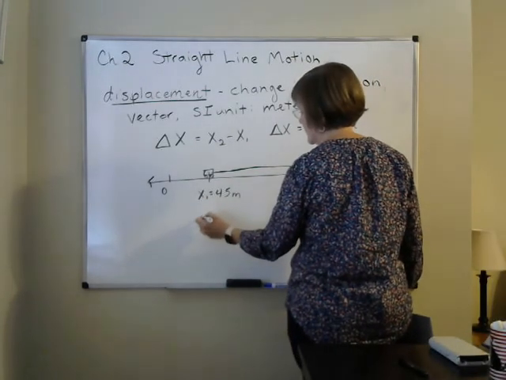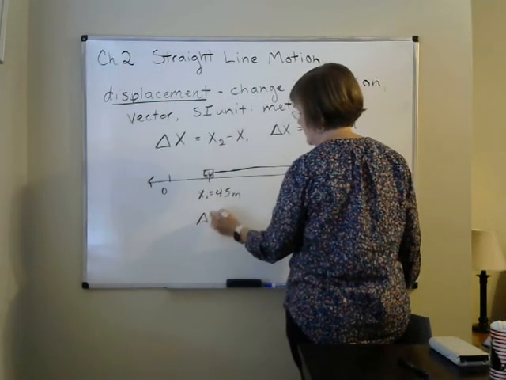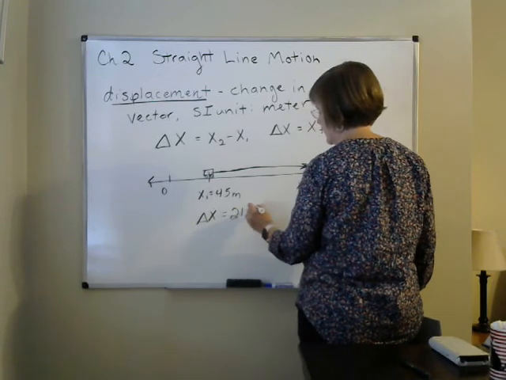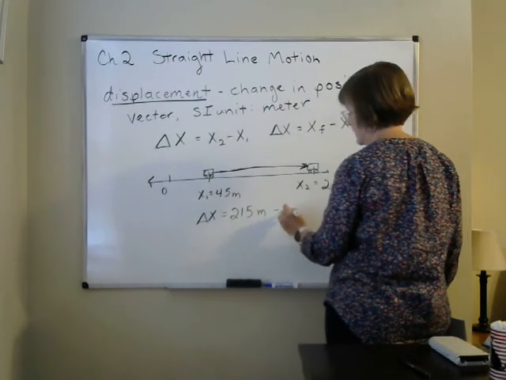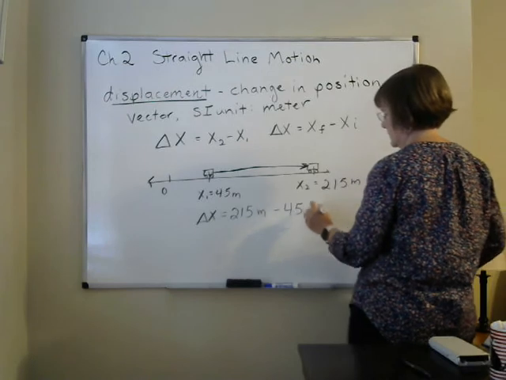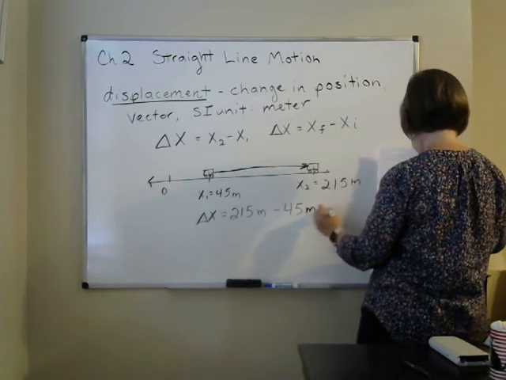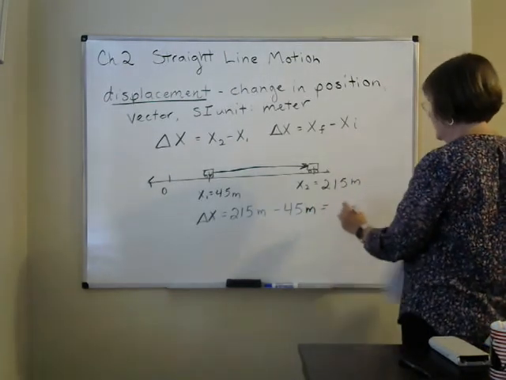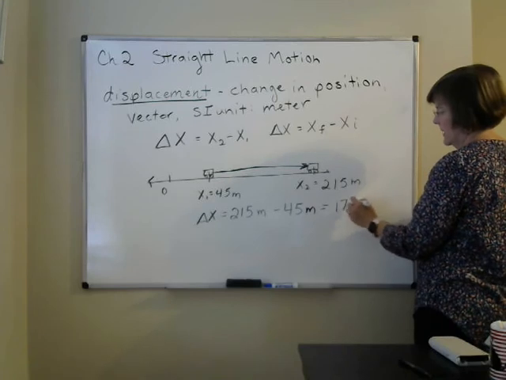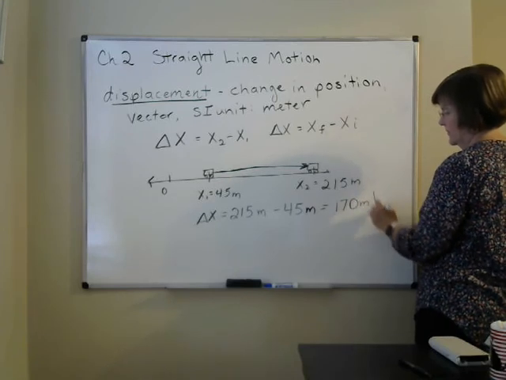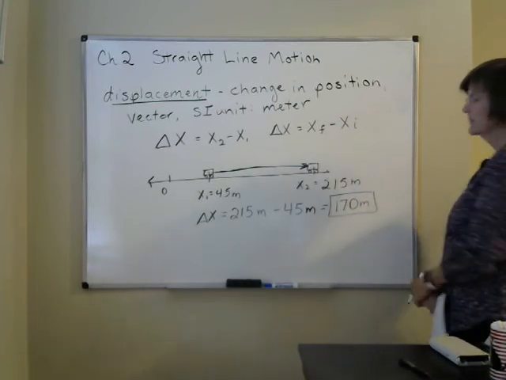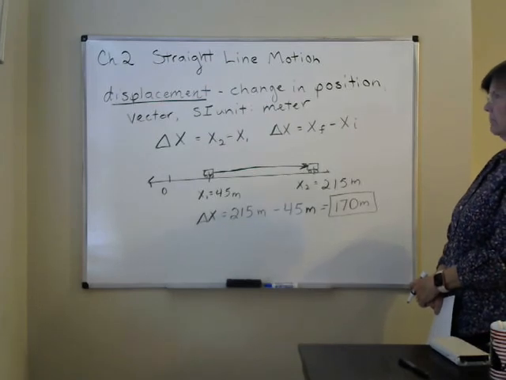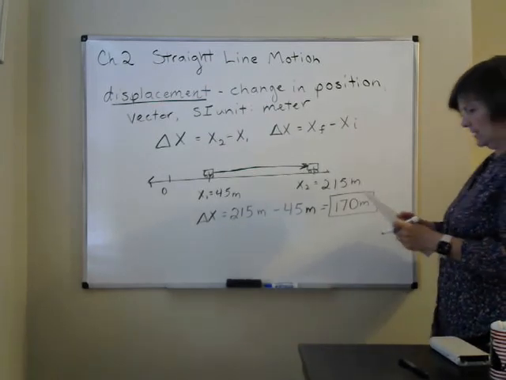It's a positive displacement because it moved to the right. That's going to come out to be 170 meters. So displacement's a pretty easy concept.